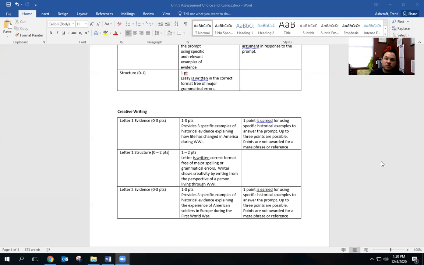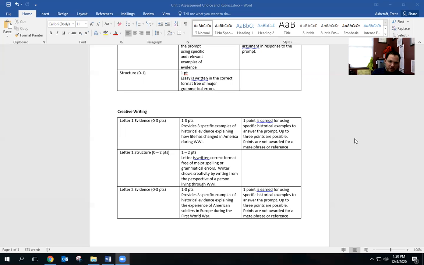And then you can earn up to 2 points for writing it in the correct structure, addressing it as a letter, showing some creativity, no significant spelling errors or grammatical errors. Letter 2 is going to do the same thing, but it's going to do it from the perspective of someone who is fighting overseas.